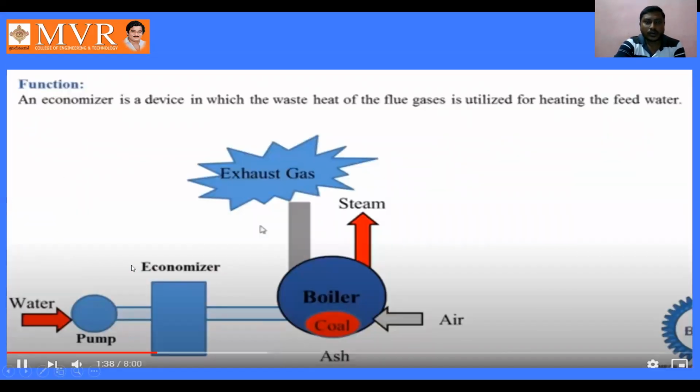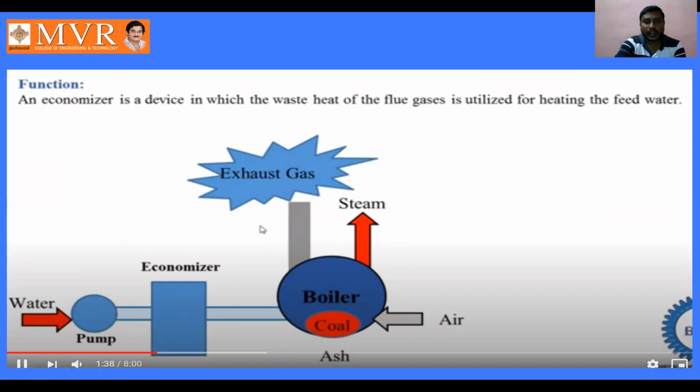Once again, the economizer is a device in which the waste heat of flue gases is used. When we do the combustion process, some flue gases are generated, and the flue gases go outside, exhausted into the atmosphere.